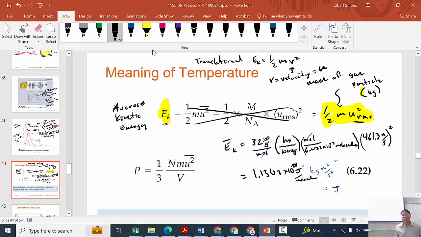But if you have a mole of them, then we would multiply this by 6.022 times 10 to the 23rd. And that gives us 6,809 joules per mole. That would be the average kinetic energy.